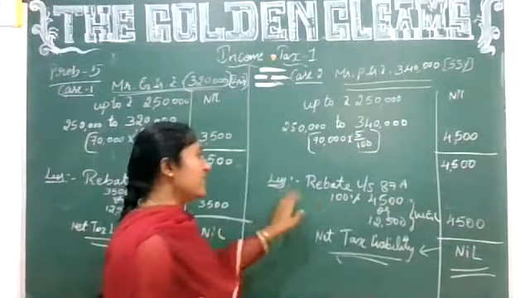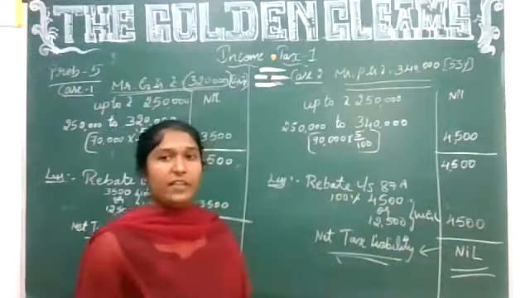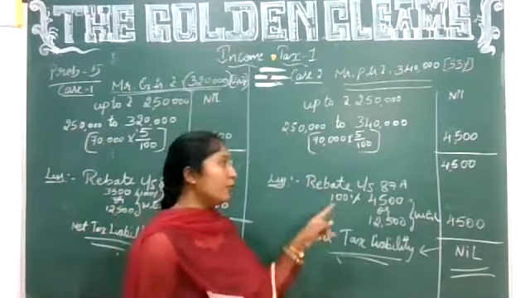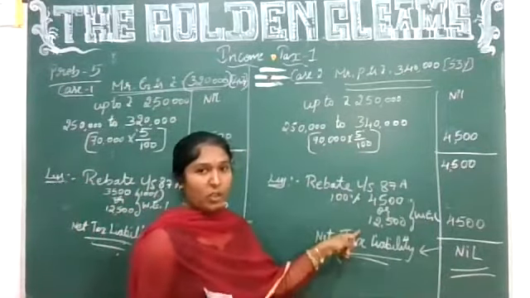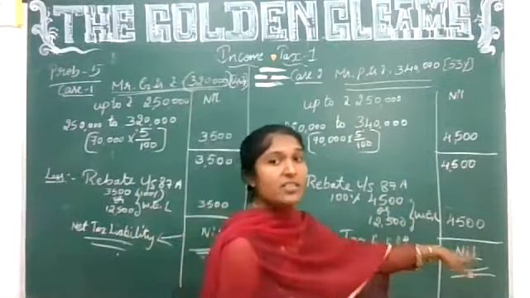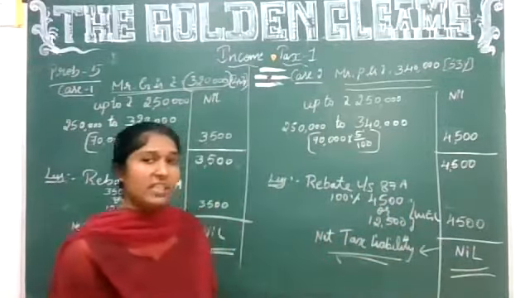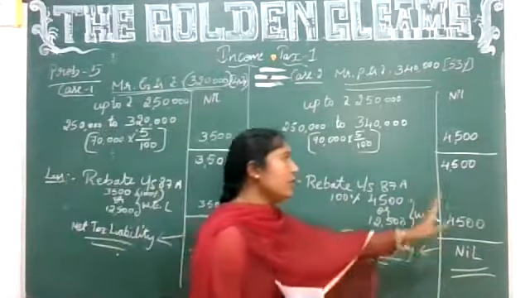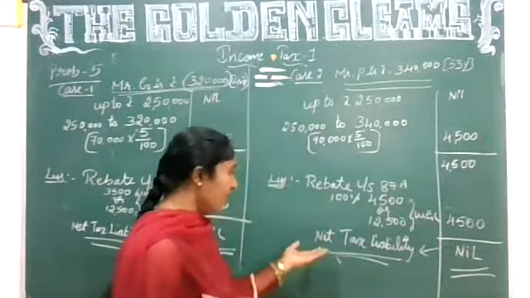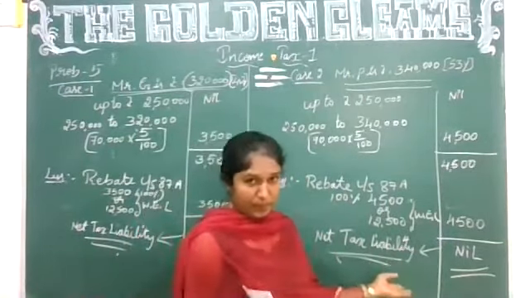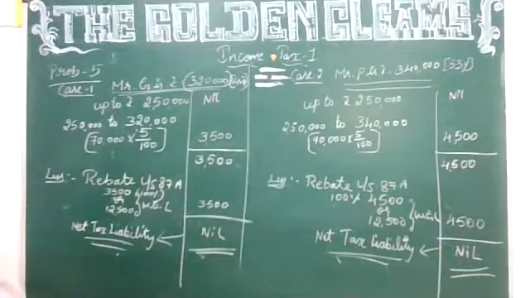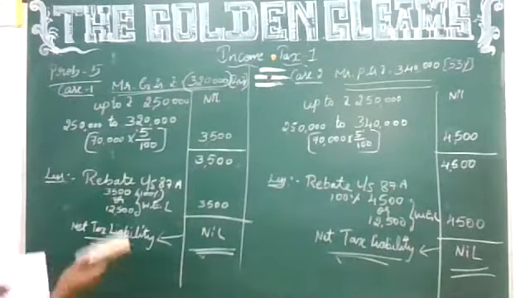Next, the rebate under section 87A, that is 100% of total income, 4,500 or 12,500, whichever is less, the amount is 4,500 only. The same amount is deducted. The total answer is nil only. That is the net tax liability. This is the answer. Now the next problem.